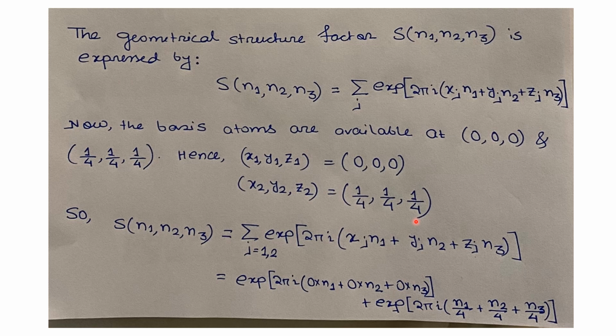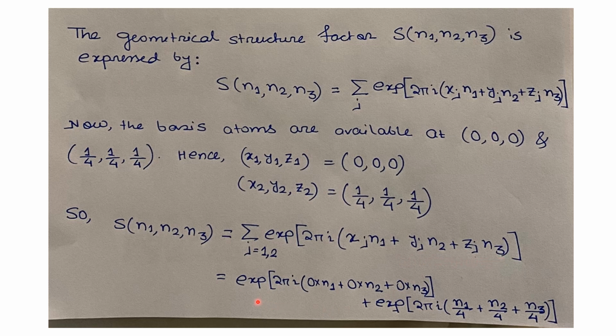So we will use these values in the expression of the structure factor. So we will get S of n1, n2 and n3 will be sum over j, and j will take values 1 and 2, of exponential of 2 pi iota times xj n1 plus yj n2 plus zj n3.